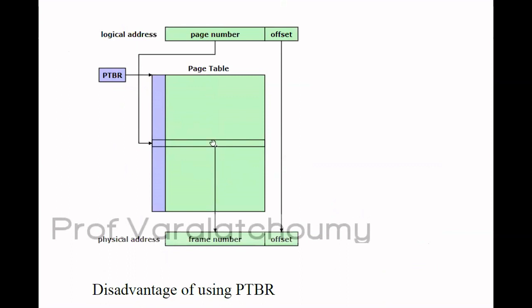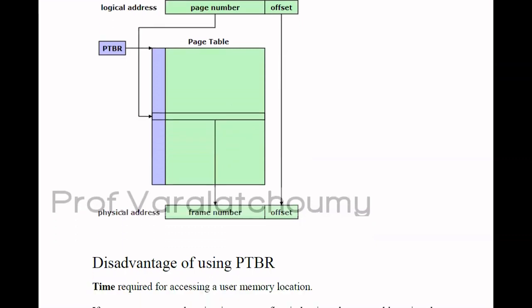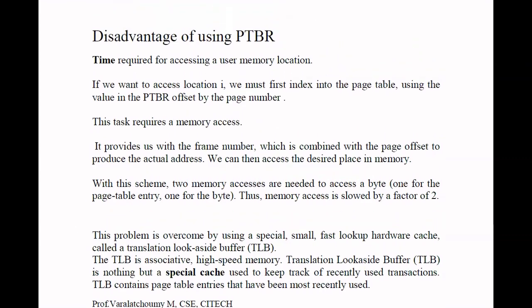Once for the page table through the PTBR value, and then having accessed the page table, we retrieve the respective frame number. Through the frame number, we retrieve that instruction from the physical memory. So it is like double the access to the physical memory.